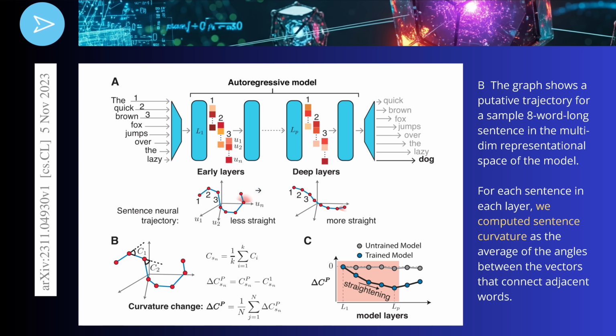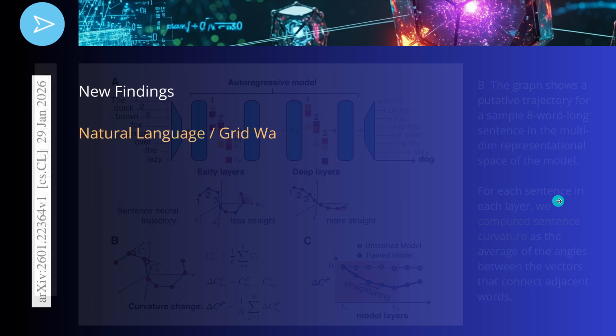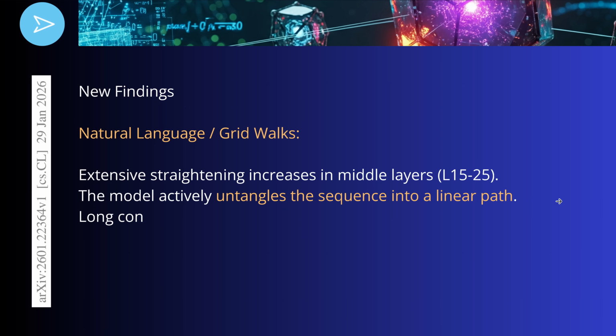How did they do this? For each sentence in each layer, they computed the sentence curvature as the average of the angles between the vectors connecting adjacent words. Simple mathematical formulas, great.